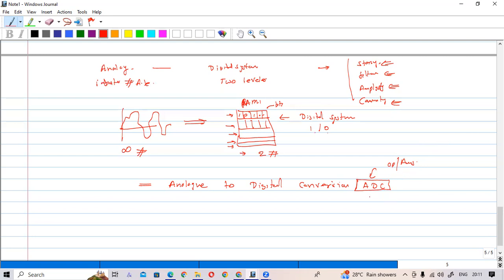So what is the basic function of the ADC, the analog to digital converter?